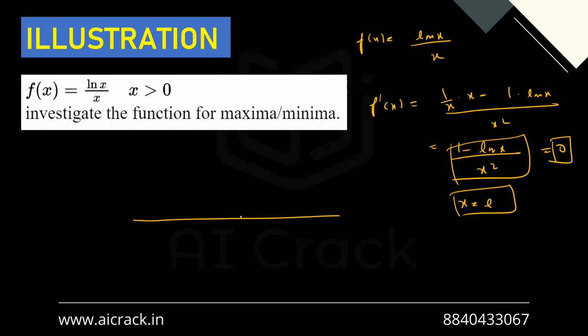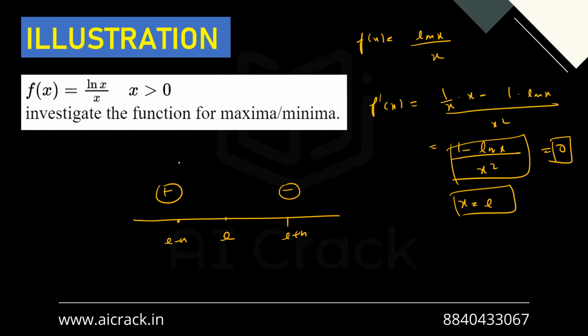So let's try to plot it once. Basically this is our point x equals e. Let's say this is e minus h and this is e plus h. If I put e plus h over here, this becomes a little bigger than 1, so the overall numerator becomes negative. So this is negative. Similarly, if I put e minus h over here, this becomes a little lesser than 1, so the overall numerator becomes positive.